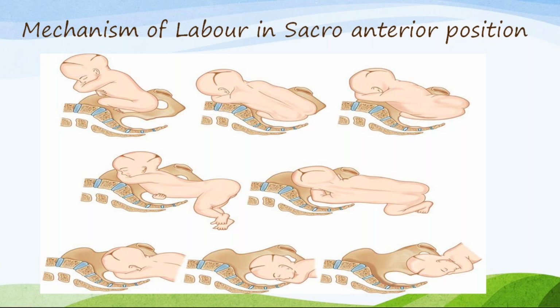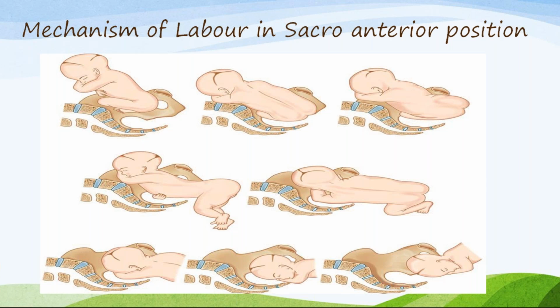Again, the baby will come gradually down and down. First the shoulder will hinge behind the symphysis pubis, then the posterior shoulder will be delivered. After coming here, the occiput will again occupy the area behind the symphysis pubis. Here, flexion has to be maintained.